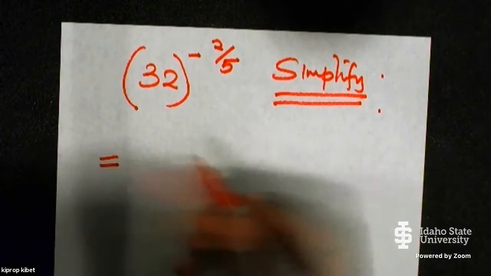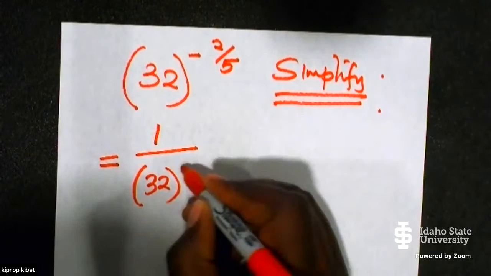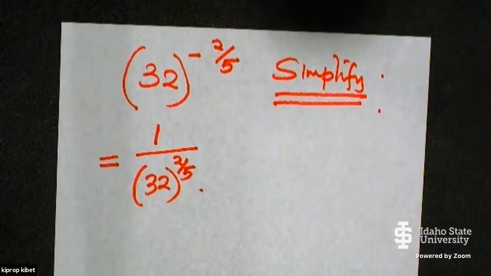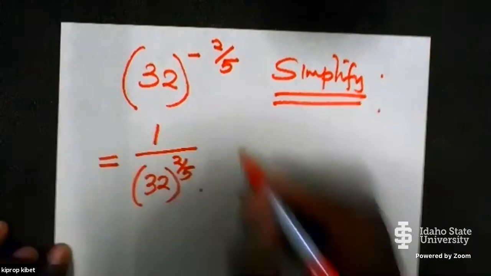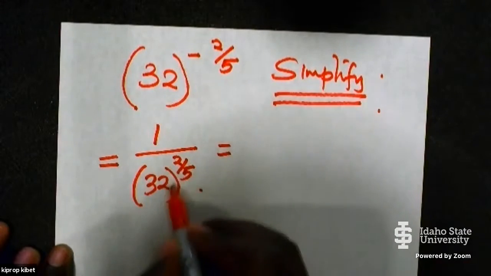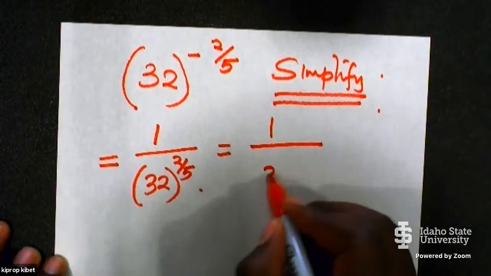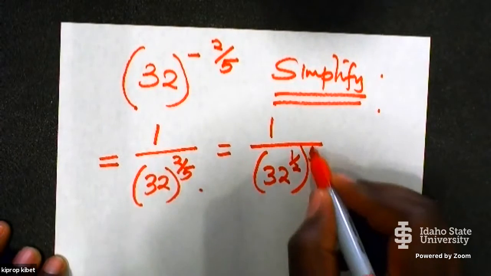We can write this as 1 all over 32 raised to 2 over 5. Then again, I said you can start by getting the root. So 1 all over 32 raised to 1 over 2, all this raised to 5.